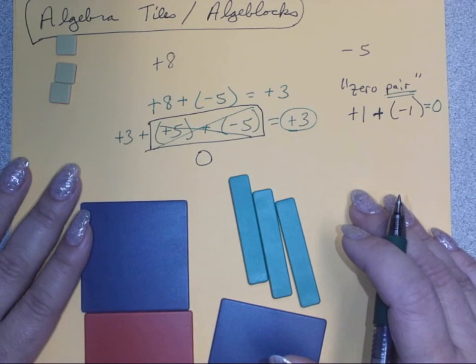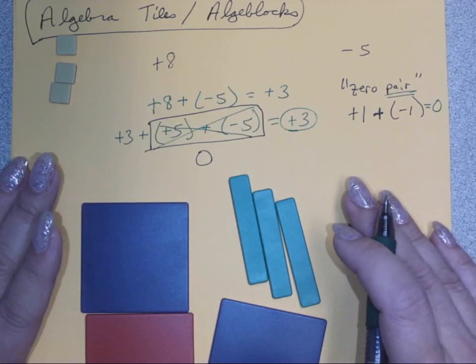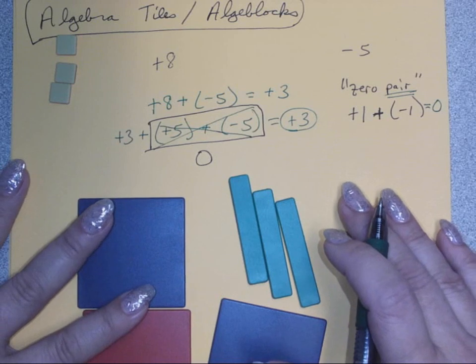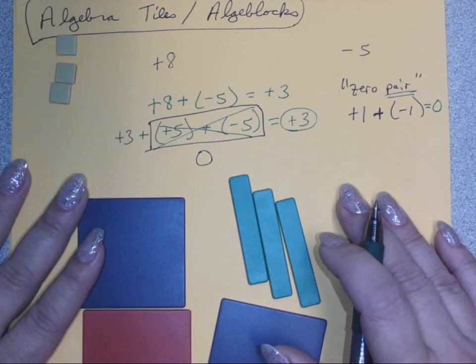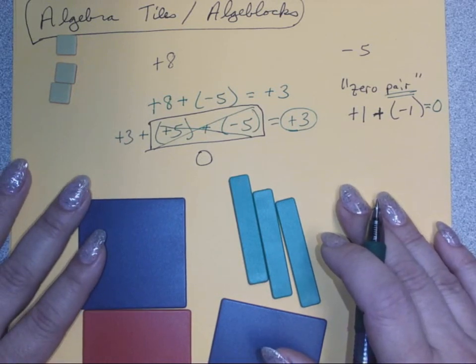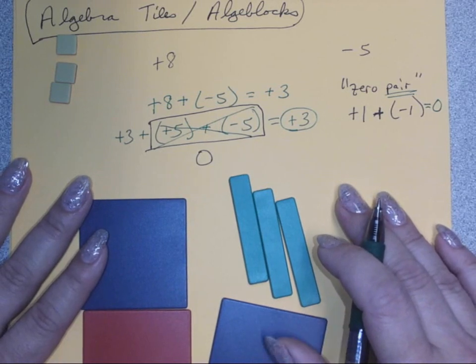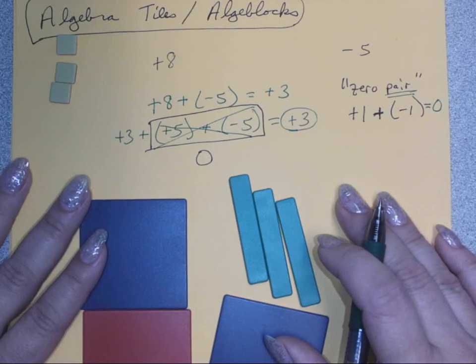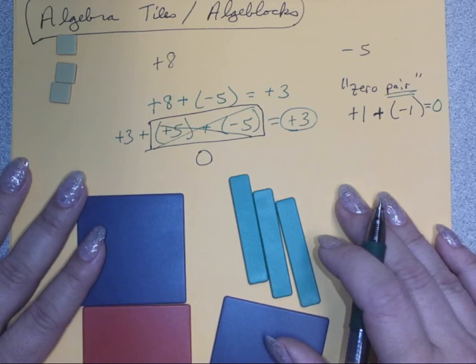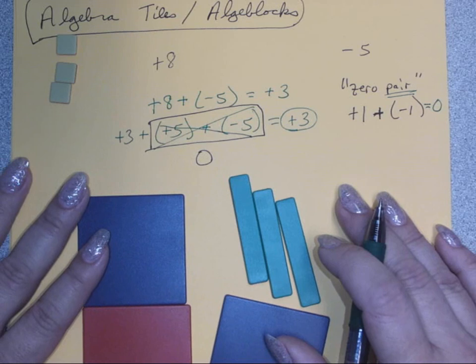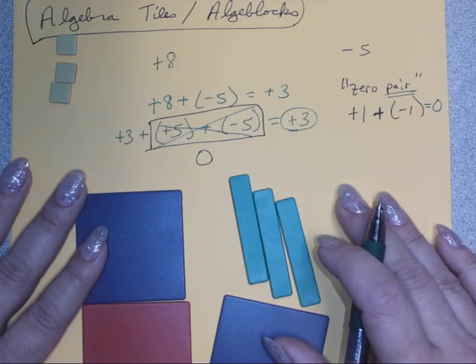And the second reason is because they have this red thing for negatives in it, so it's kind of nice. And the third thing is, quite honestly, you're going to see them again. So if you're working in the middle school, actually, I'll show you with Algeblocks where we can take those from very beginning arithmetic type stuff all the way through Algebra 1, Algebra 2 type things.